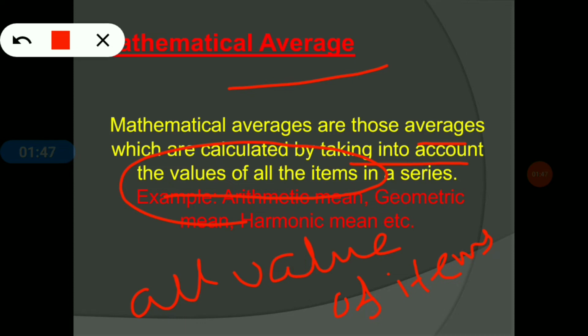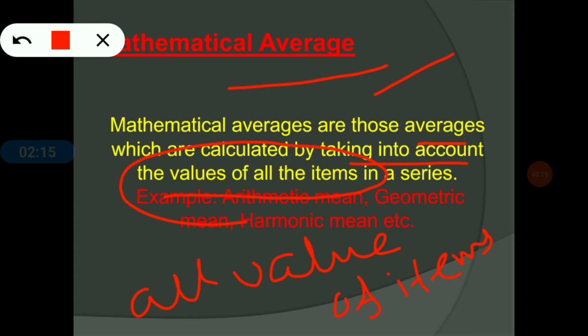We all know that means are calculated from all values in the series. That's why examples of the mathematical average are the arithmetic mean, geometric mean and harmonic mean. So various kinds of mean are examples of the mathematical average, which denotes all values of all items in a series. Clear?